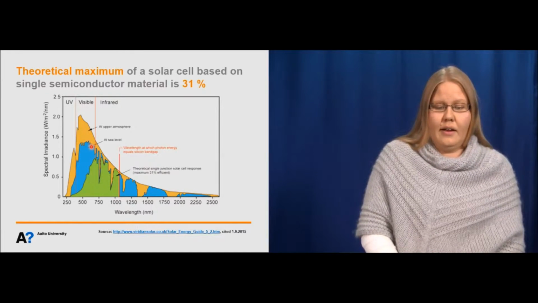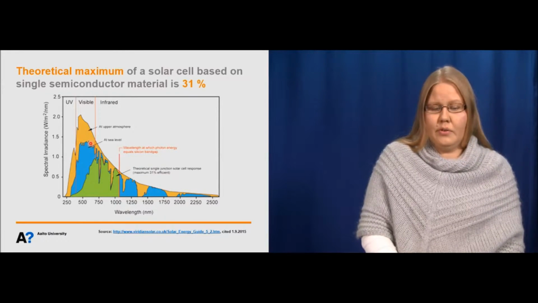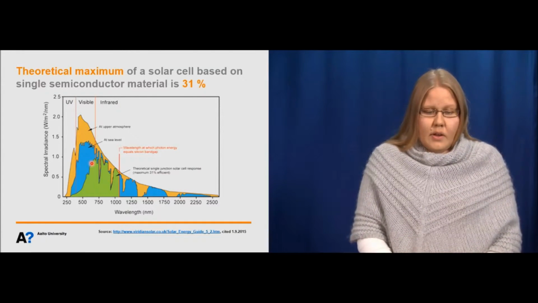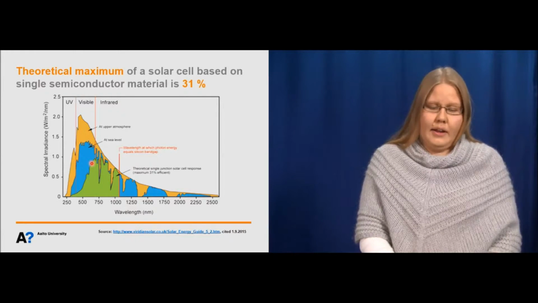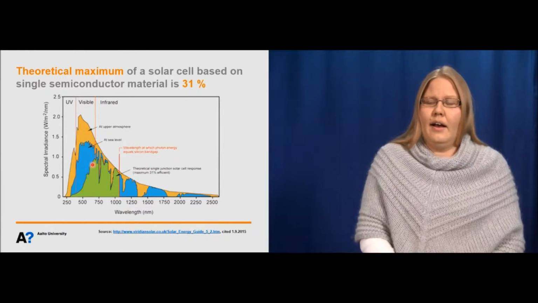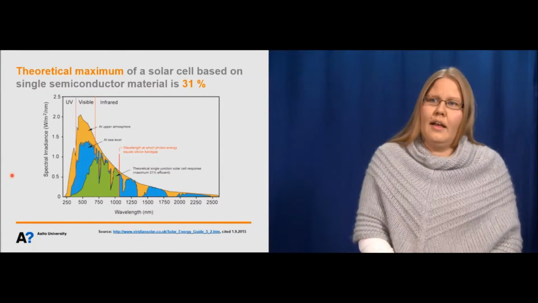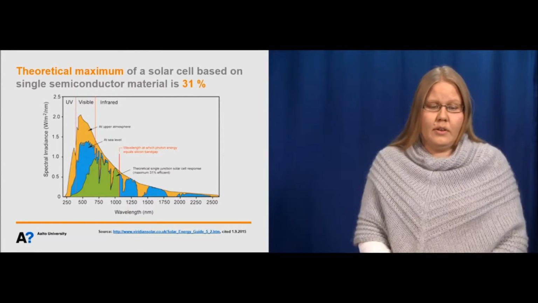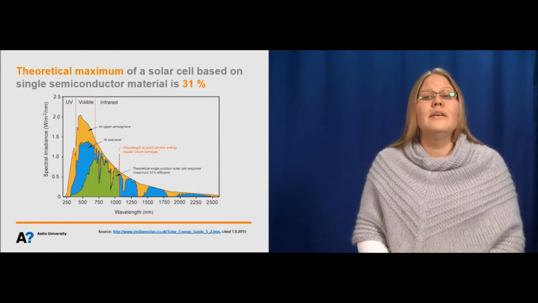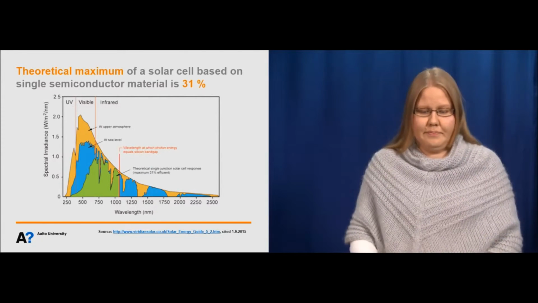So in these high energy photons, we cannot harvest it all. So the final amount of energy that we can harvest is here defined in the green color. And in the conventional silicon solar cells, the theoretical maximum is about 31%.